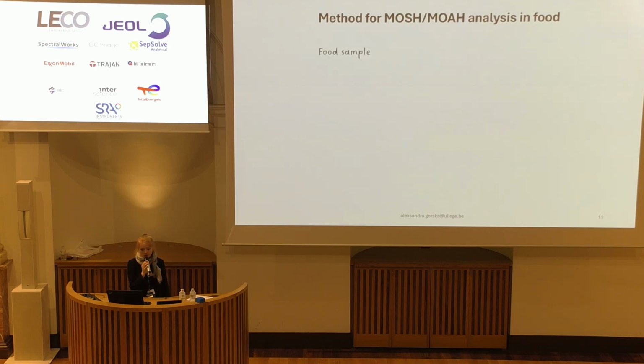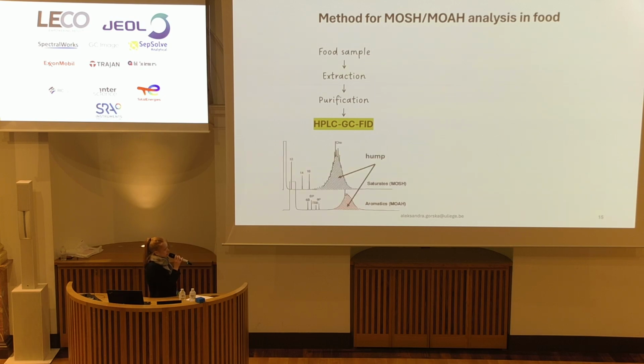So we typically start by extracting the MOSH&MOAH from the food sample, and when needed, we apply some purification step. Then we inject this extract into an online HPLC-GC system with flame ionization detection. And as a result, we obtain 2 chromatograms, one for MOSH, one for MOAH. And to quantify them, we integrate the area below the hump.